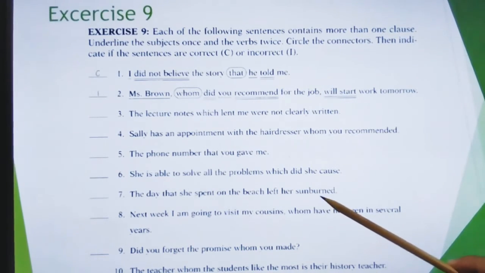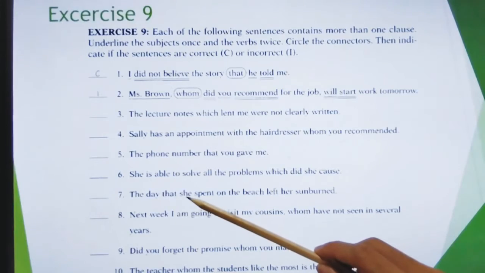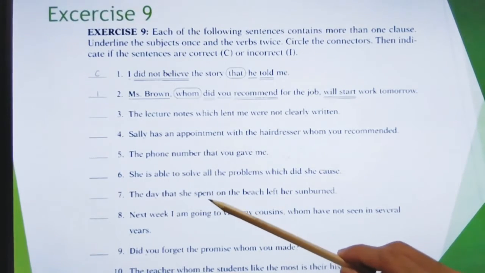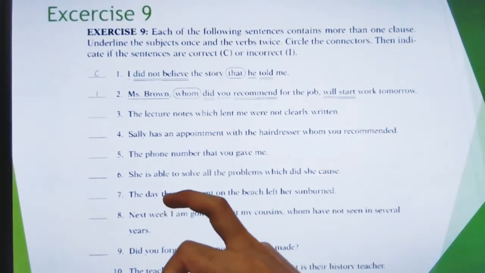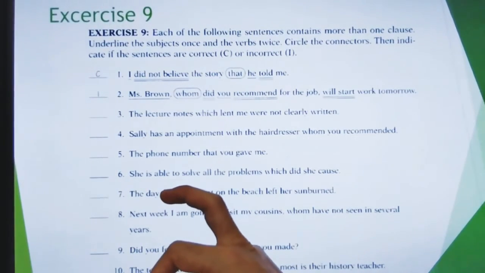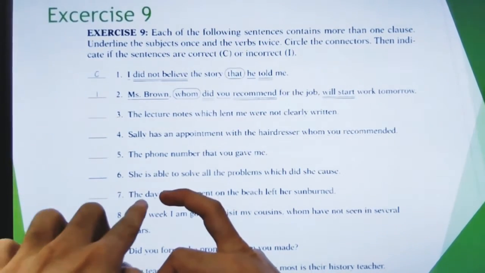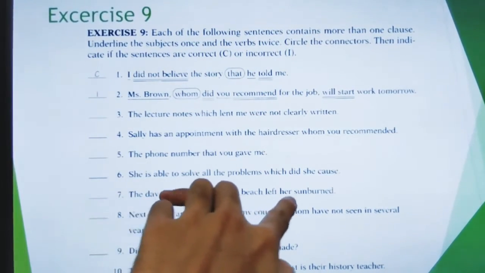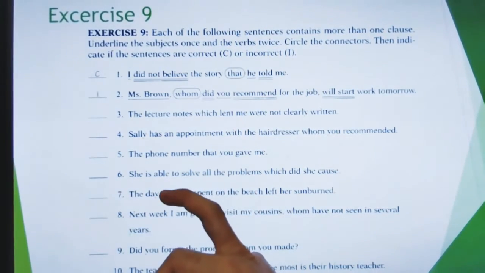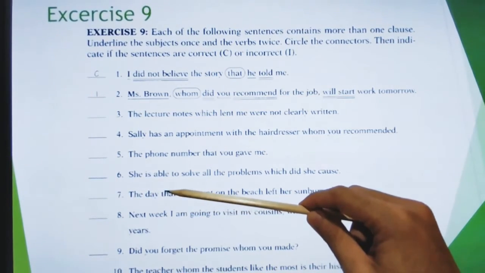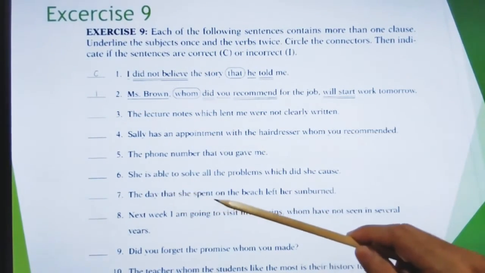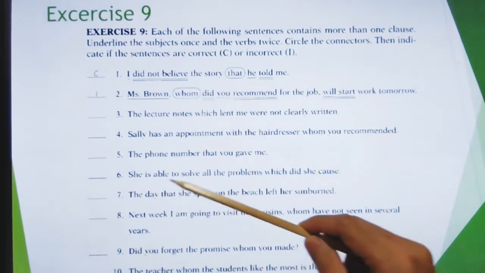So we could identify that these connectors are followed with the dependent subject and also the dependent verb. So yes, the sentence is correct, right? Because if we just omit this, we get the main clause: the day left her sunburned. We just omit this because that relates to the day.